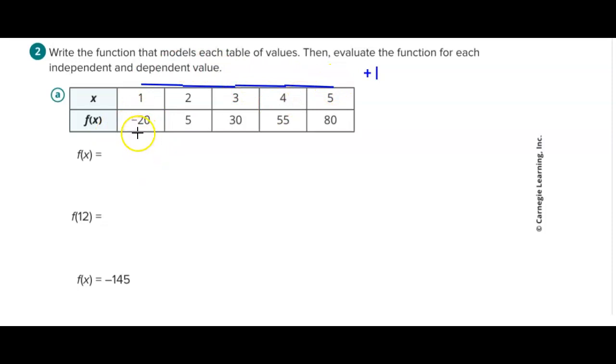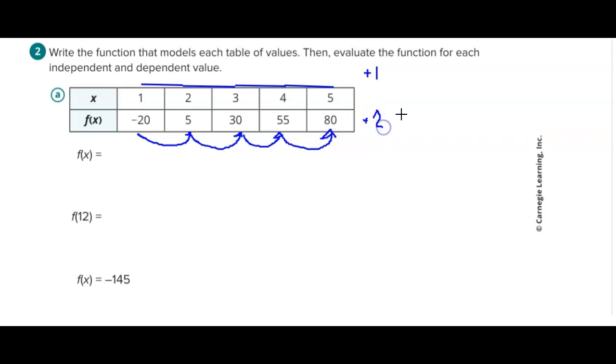And then what I notice here is from negative 20 to 5, that's plus 25. And then from here to here, that's plus 25. From here to here, this is plus 25. And from here to here, that's plus 25.